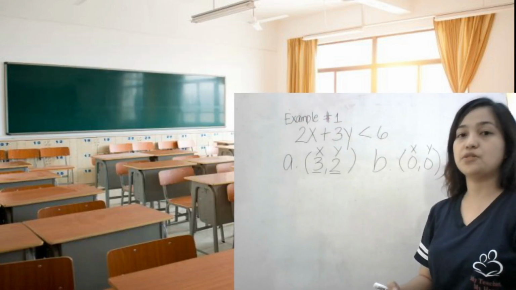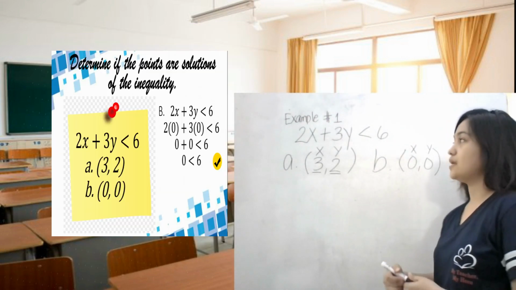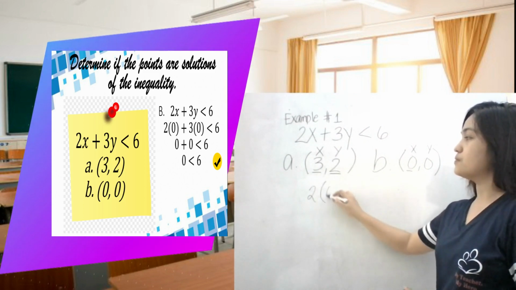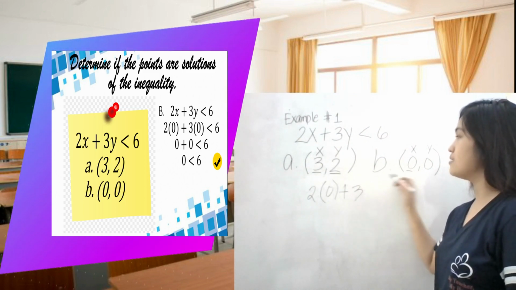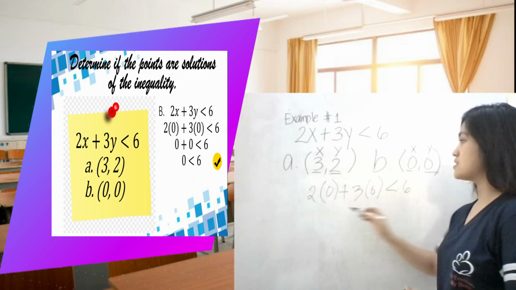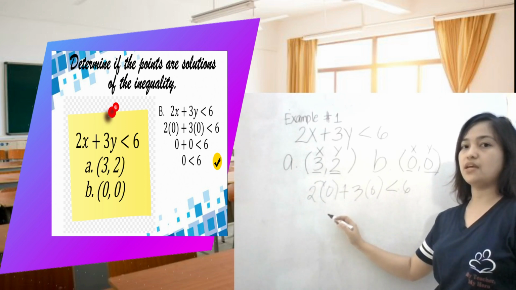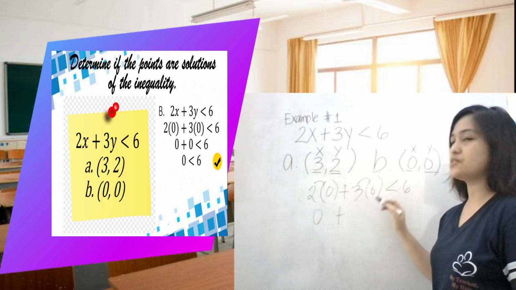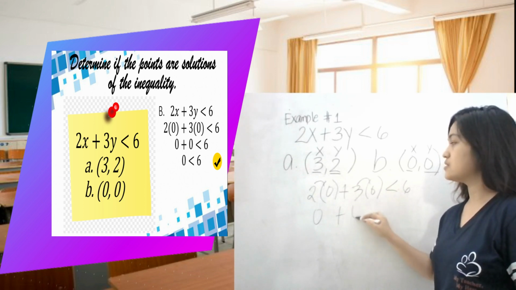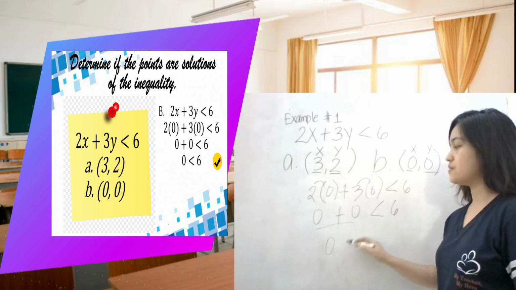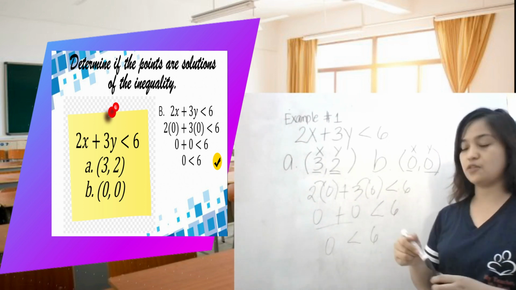So again, isubstitute lang ulit natin sa ating given inequality. So 2 times what is the x, that is 0, plus 3 times the y is 0, is less than 6. 2 times 0, the answer is 0, plus 3 times 0, the answer is 0. 0 plus 0 is 0, less than 6. Is that correct?